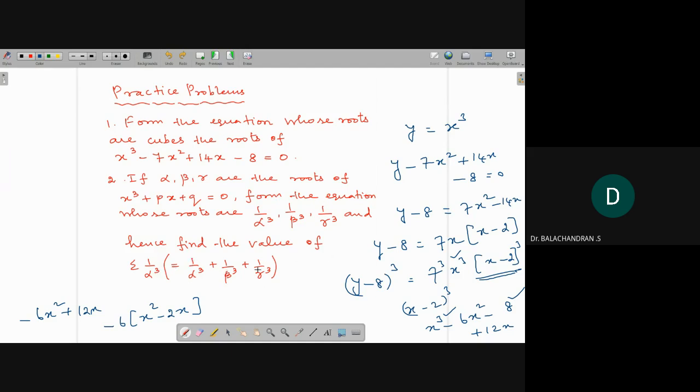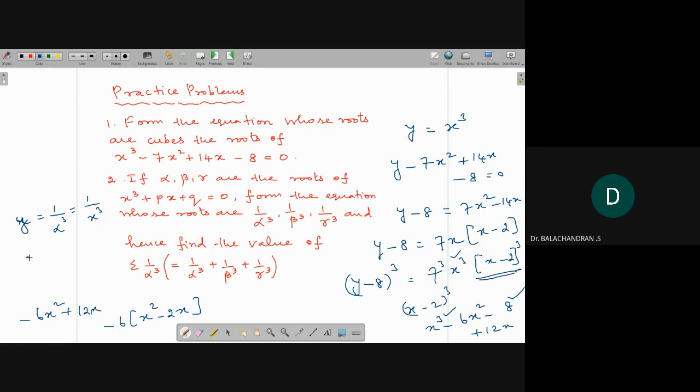So how will you proceed here for the second problem? Let y equal to 1 by alpha cube, so y is equal to 1 by x cube.